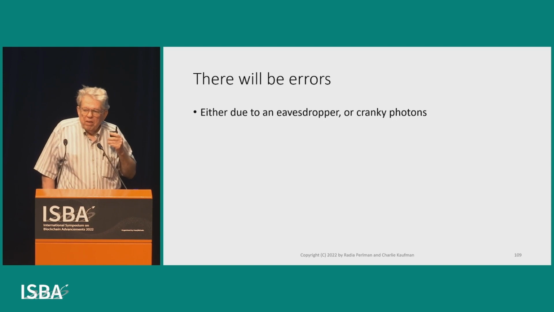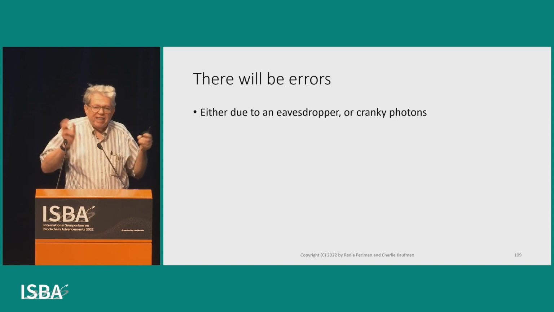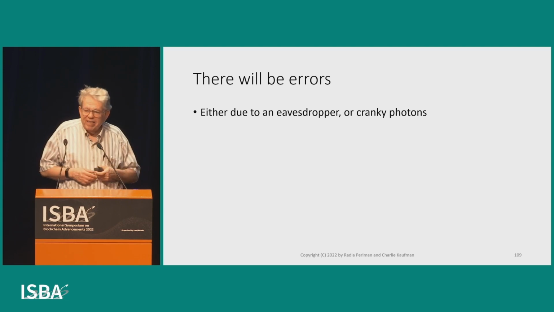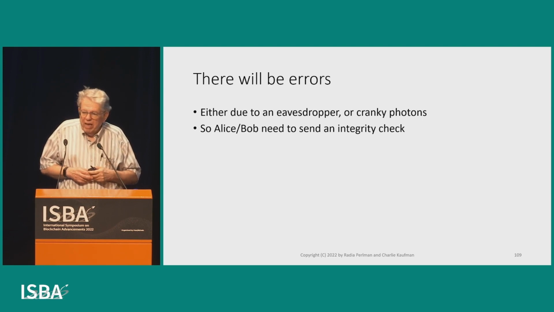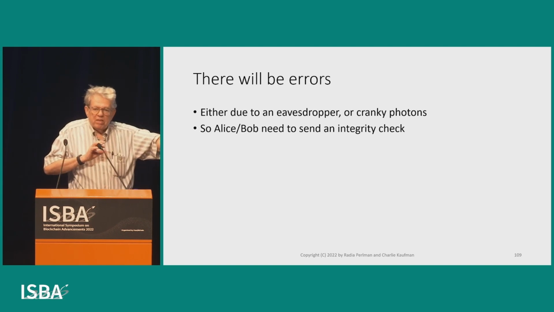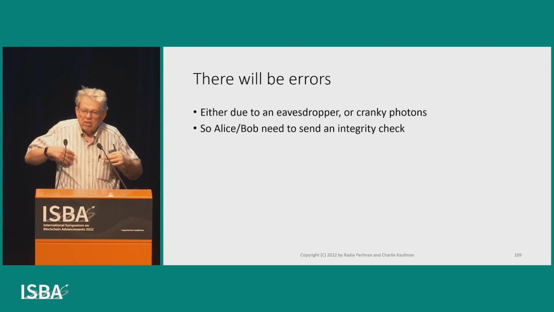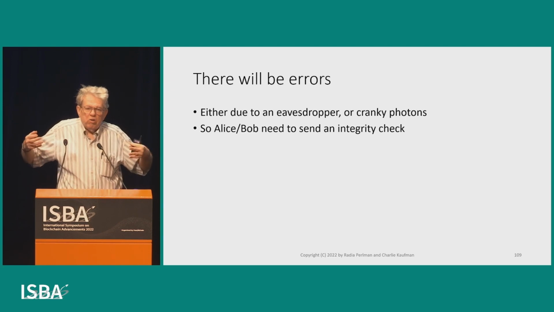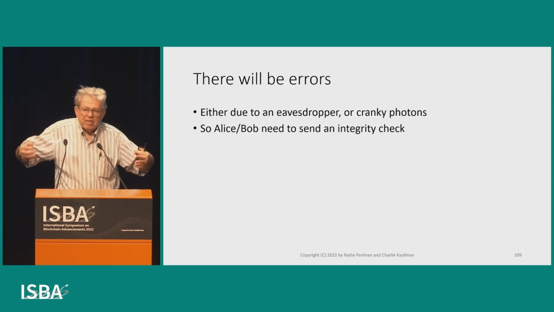Now, there will be some errors due to just the fact that the photons are cranky and there's noise and bad things happen. But if there's an eavesdropper, there'll be more errors. So Alice and Bob need to send an integrity check, both to protect the information that was sent there, and then they need to use error correcting codes to recover the message if there was a small number of errors.